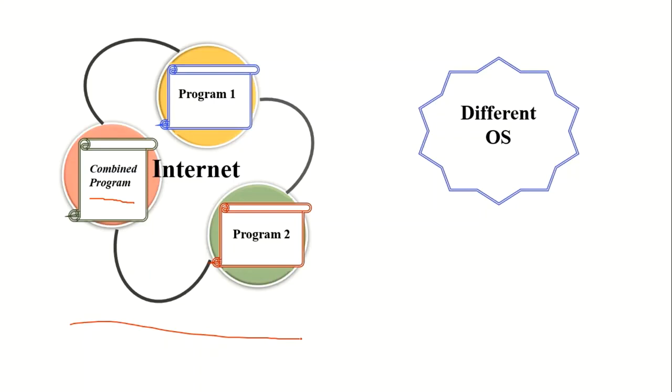Now, what role is Java playing here? When the internet was growing, everybody was not using the same operating system. They were using different operating systems. Some of them were using Windows, some were using Mac, but they were trying to connect their systems in the internet to share information. The problem they were facing at that time while sharing data through the internet was incompatibility.